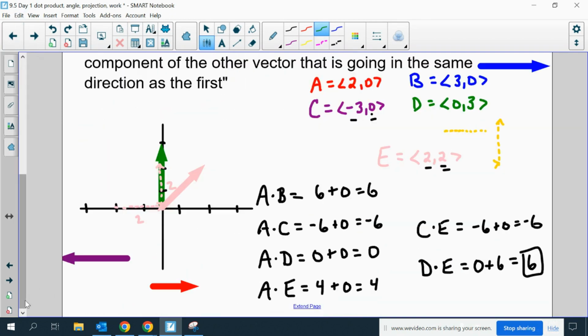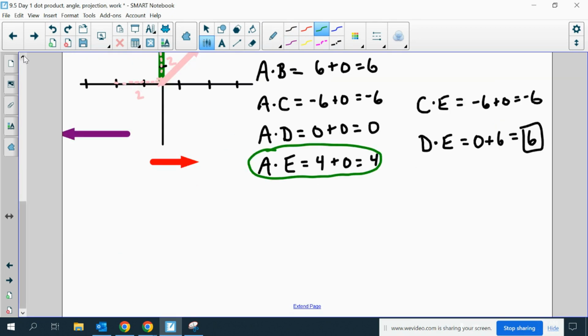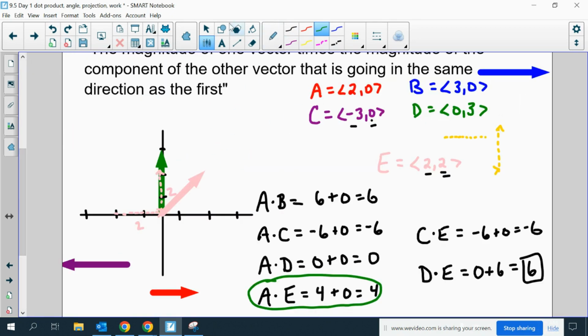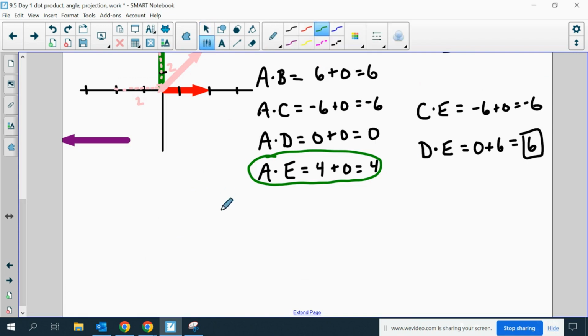Now, if we just take one of these, for example, let's take a look at A dot E. If I compute the angle in between them, I should know that it's 45 because I already looked at it and I have a really good idea that this is a 45-degree angle, but let's just confirm that. So cosine of the angle in between these things is going to be the dot product divided by the magnitude of both of them.